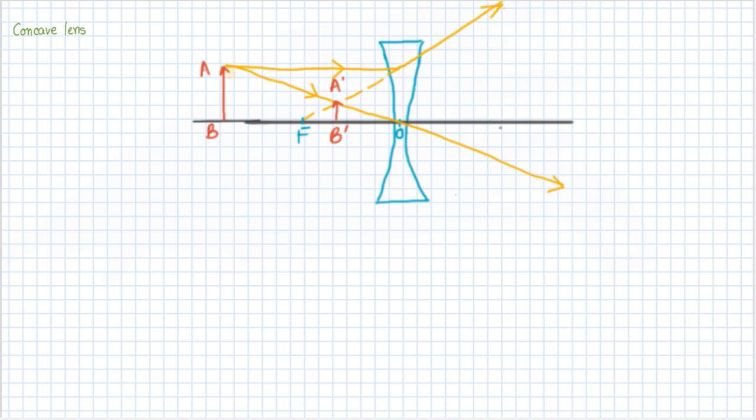Fine. And similarly, consider your triangle A dash O B dash. Let me use a different color for this one, let me represent it by red.